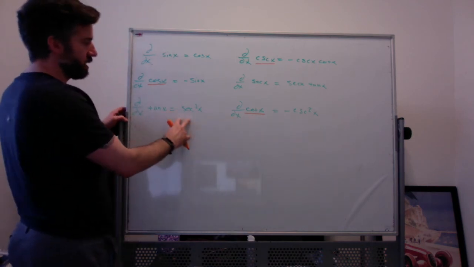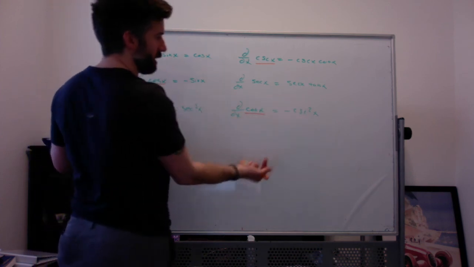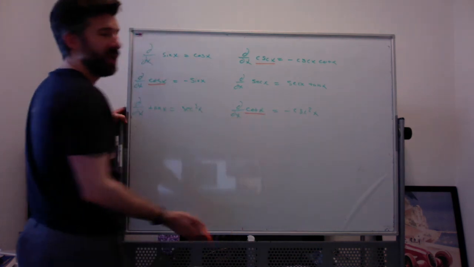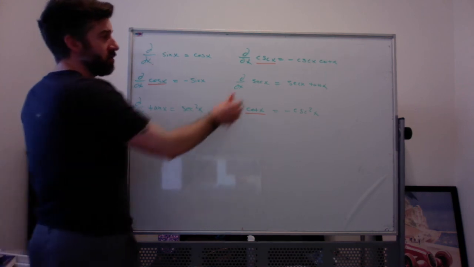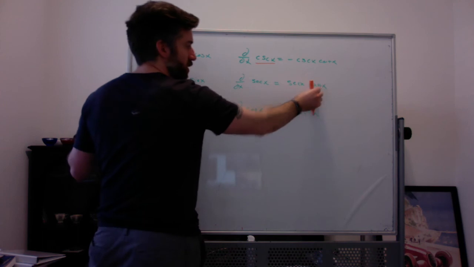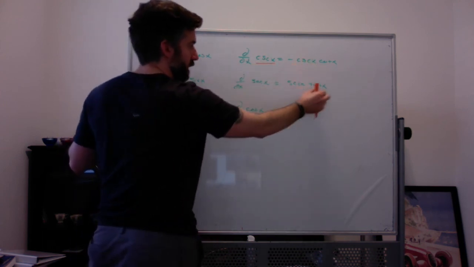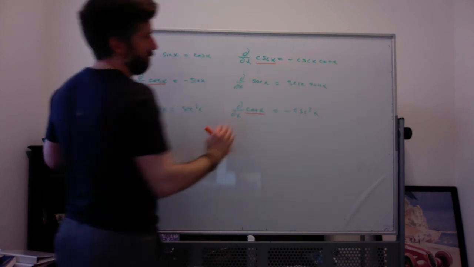The derivative of tangent is secant squared x. The derivative of cotangent is cosecant squared x with a minus sign. It also works for secant and cosecant. The derivative of secant of x is secant x tangent x. If we put a co on each of those trig functions, the derivative of cosecant x is cosecant x times cotangent x with a minus sign.